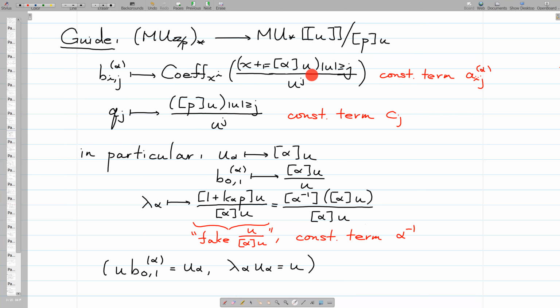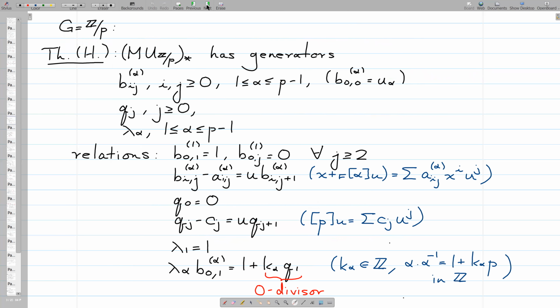So again, the relationship comes from the fact that the constant term of this power series is precisely our Aij alpha. Remember, Aij alpha are the coefficients of this, X plus F alpha U. So you can subtract the constant term and divide it. And then Q0 corresponds to the P series in here, which is 0. So Q0 is 0. That's our relation that we had over here.